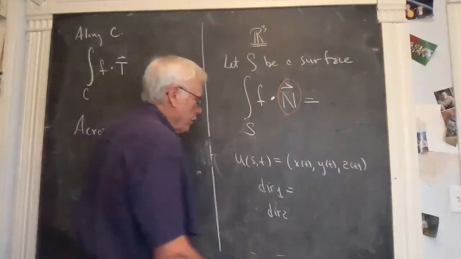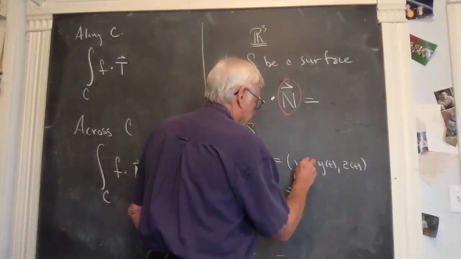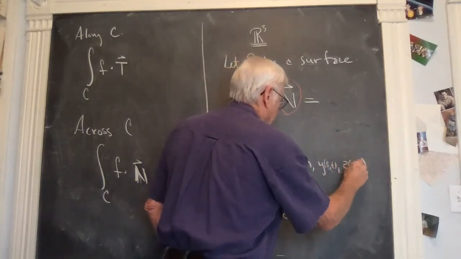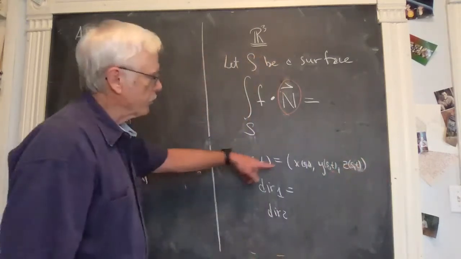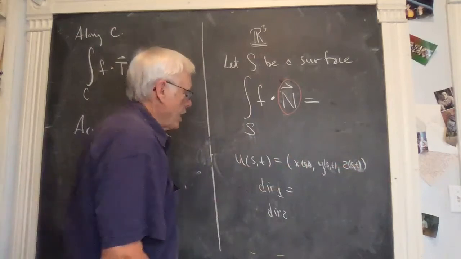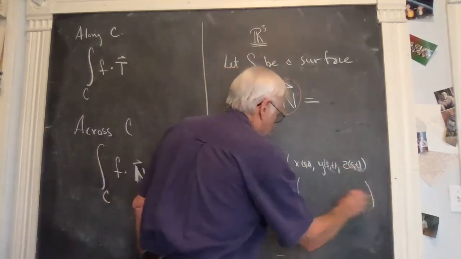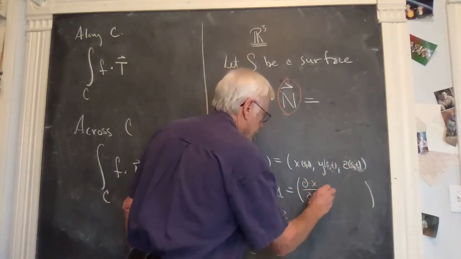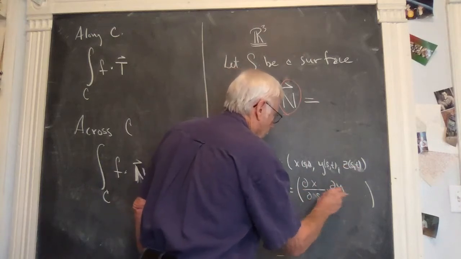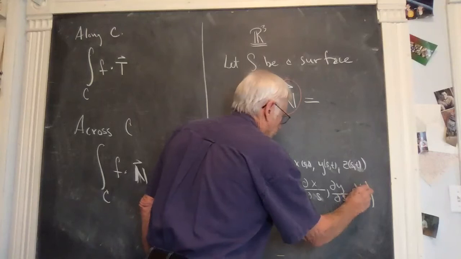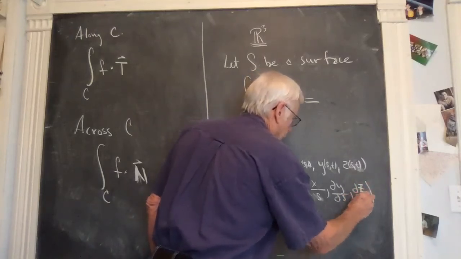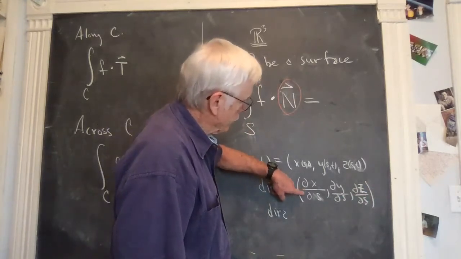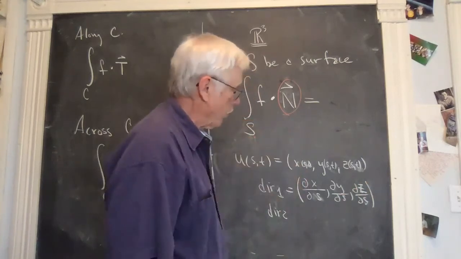And the dir1 was, these should be S and T. Since U is a function of S and T, each one of these are functions of S and T. And so one direction is the derivative of x with respect to S, derivative of y with respect to S, derivative of z with respect to S. This is a vector that is in the direction of this surface at any given point.